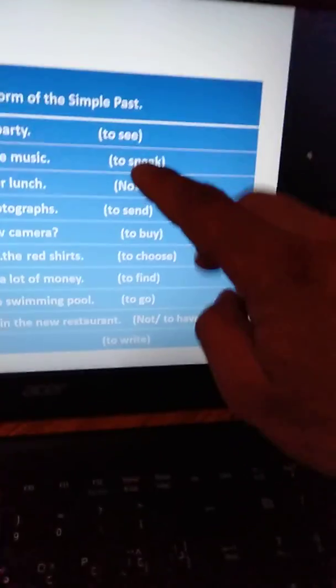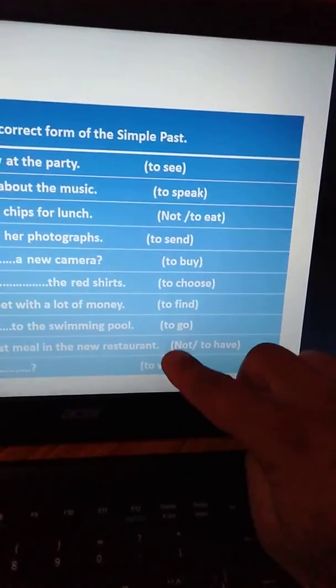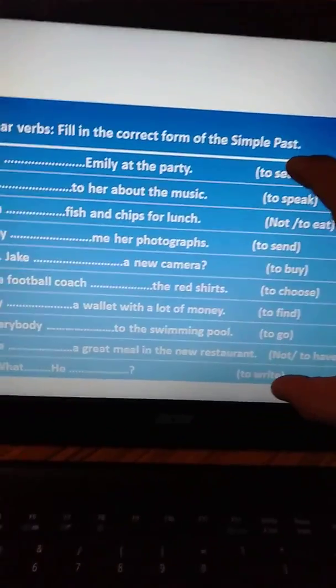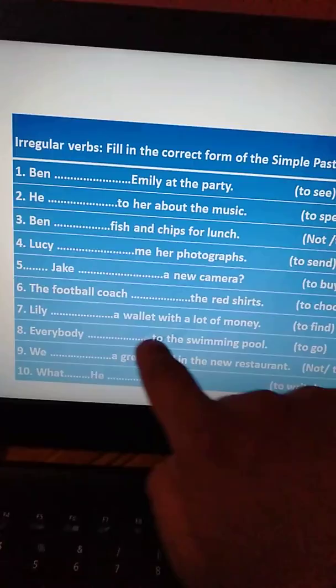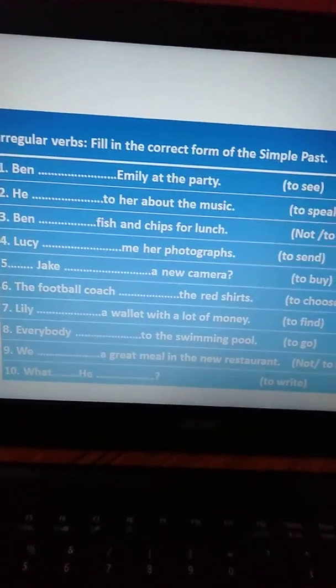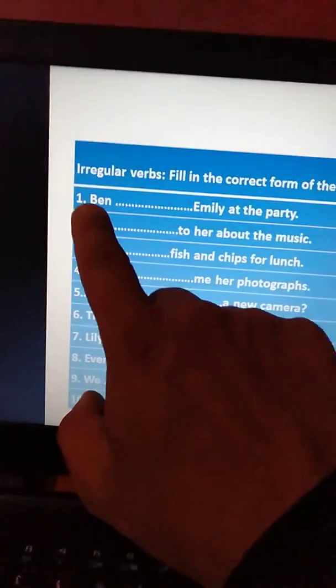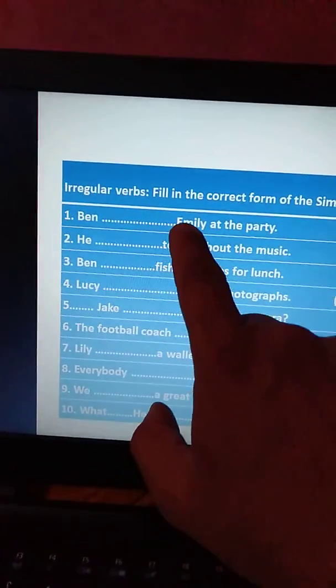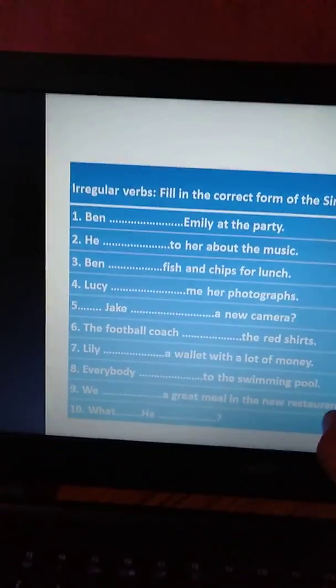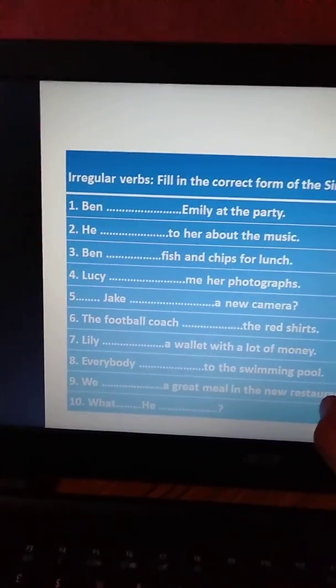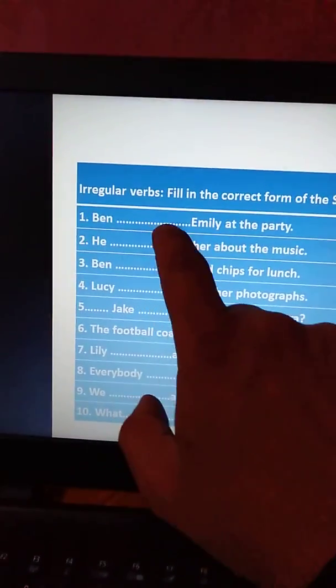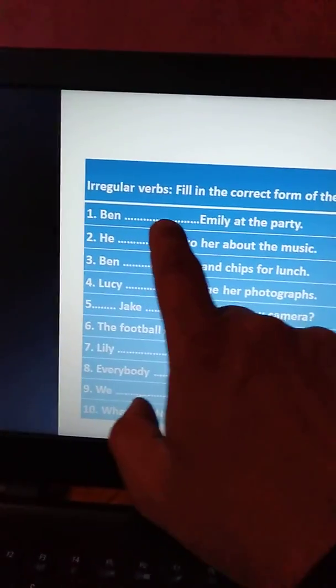Okay, so here you have verbs, and you have to conjugate these verbs and put them in the correct place or in the correct gap. For example, we say been Emily at the party. The verb is to see and it is positive. So you have to conjugate it in the past and put it here.